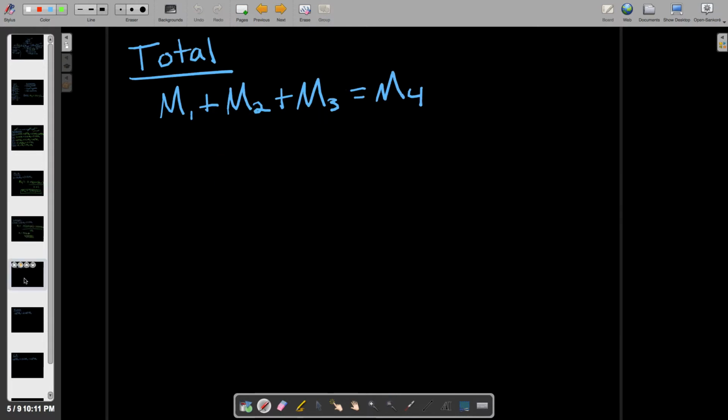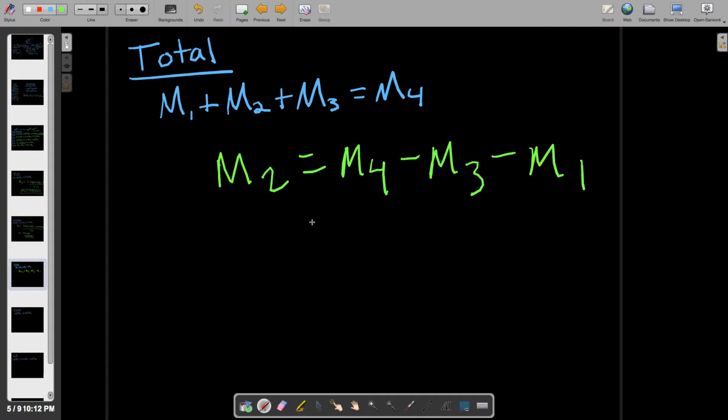And finally, we'll solve for M2 using the total mass balance. We already have M4. So M2 is equal to M4 minus M3 minus M1, which is 300 minus 100 minus 95.56.